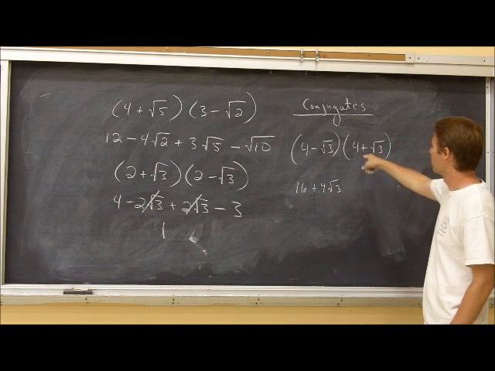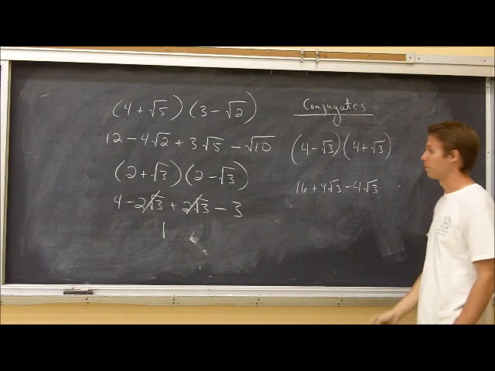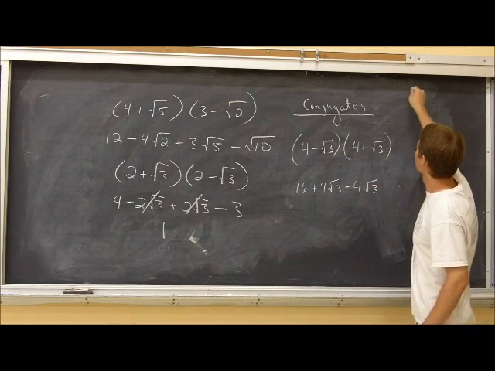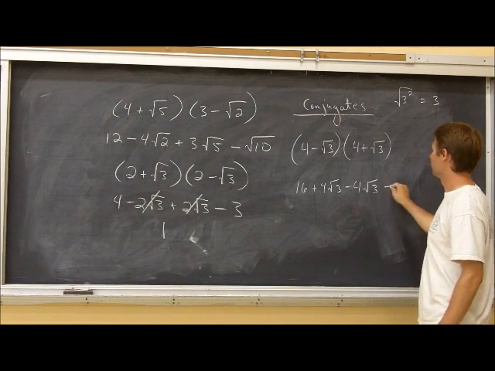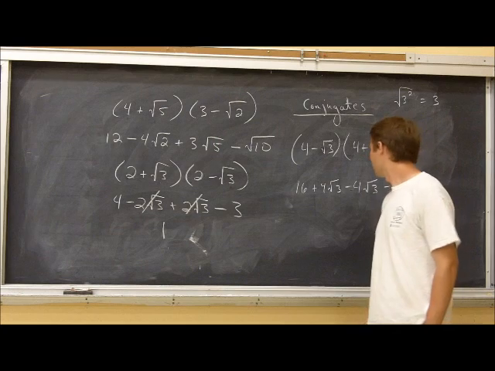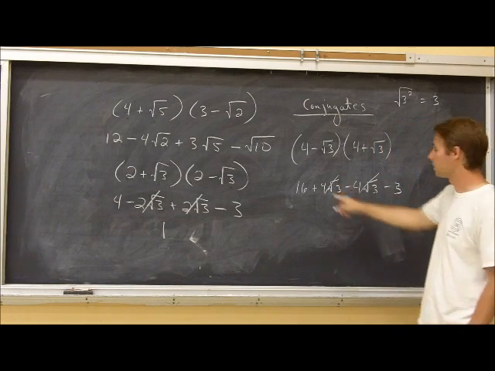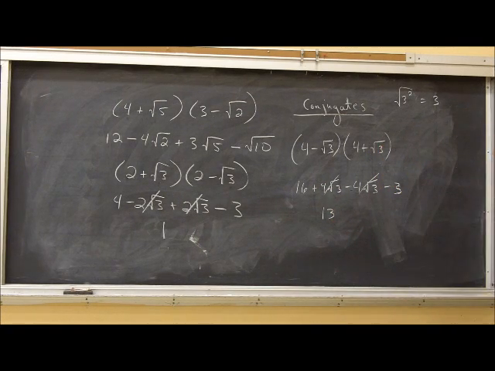And then negative square root of 3 times 4 is minus 4 times the square root of 3. And then square root of 3 times square root of 3, that will be the square root of 3 squared, which will just be 3. So I'm getting minus 3 here. Again, this will cancel out and this will cancel out, and I'm just left with 16 minus 3, which is equal to 13.